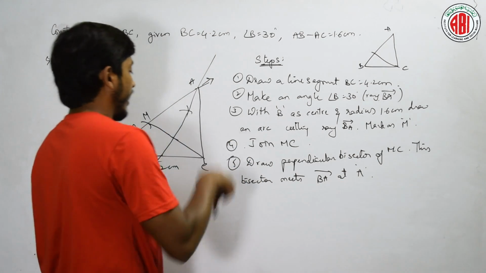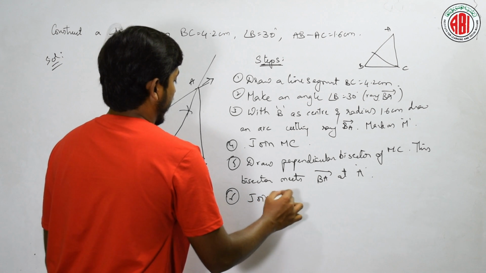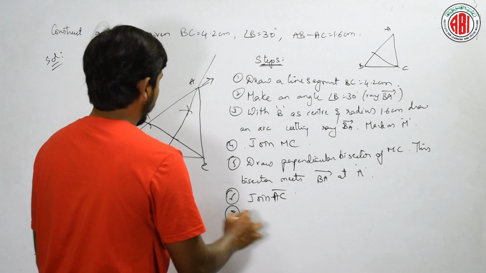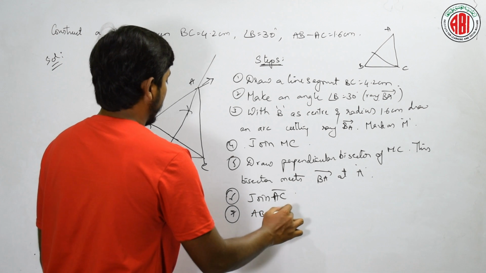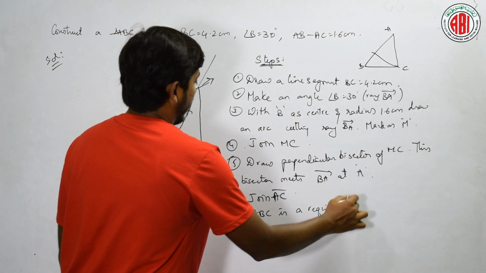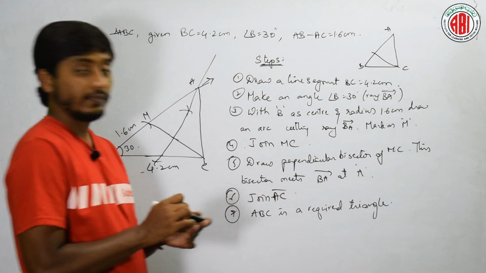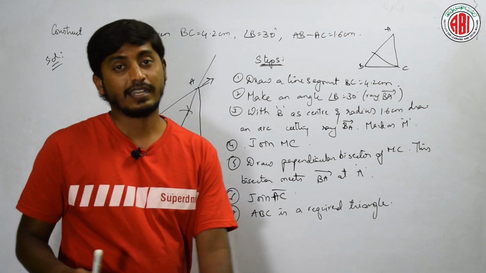Now join that A to C. Join AC. Therefore, ABC is a required triangle. Clear? Did you understand?